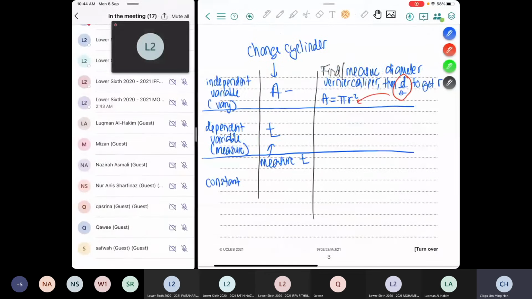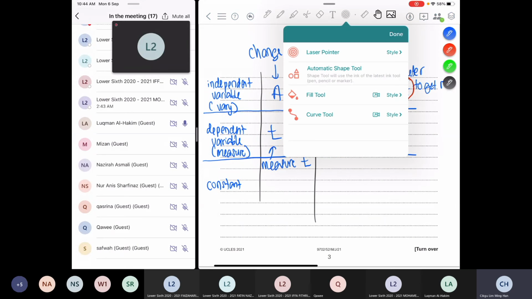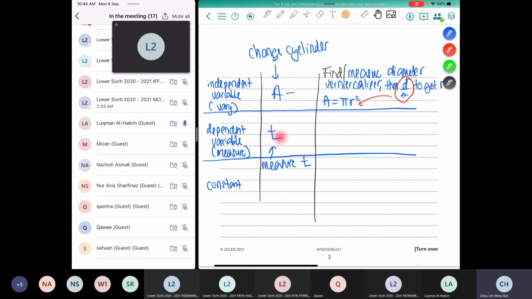Lokman, are you there? Yes. Lokman, can you tell me how do I measure the time? What kind of instrument do I use to measure the time? Stopwatch. Okay, so use a stopwatch to measure T. Is there anything I can do to improve my measurement of time?